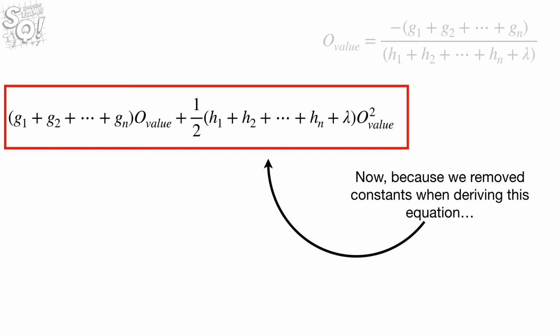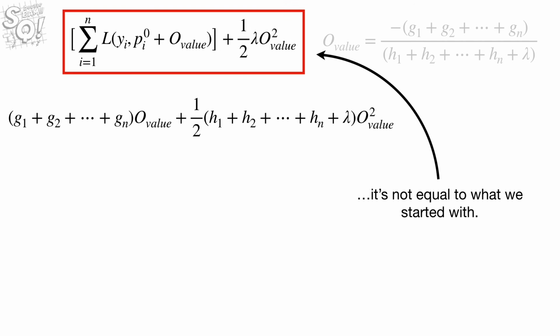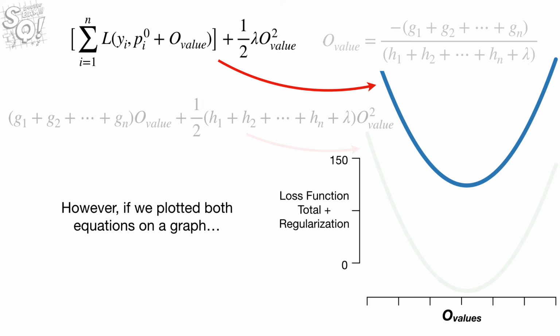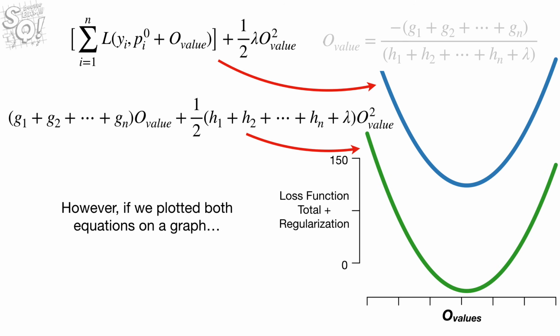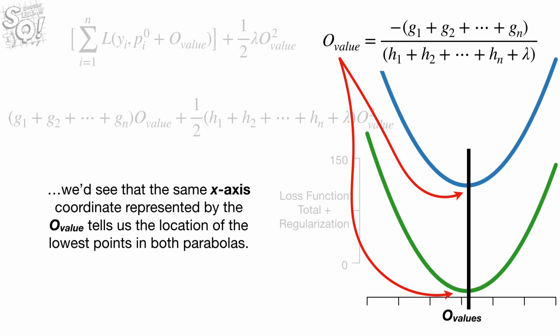Now, because we removed constants when deriving this equation, it's not equal to what we started with. However, if we plotted both equations on a graph, we'd see that the same x-axis coordinate represented by the optimal value tells us the location of the lowest points in both parabolas.